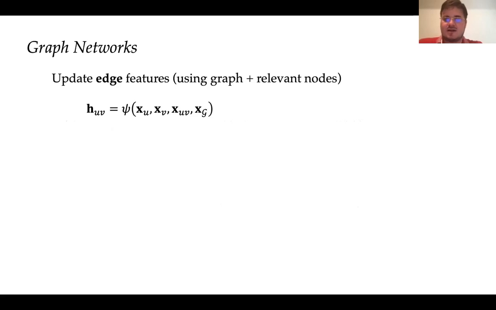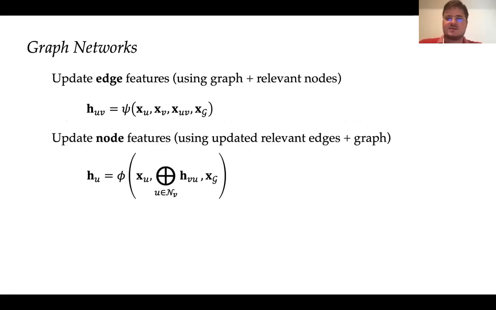Once we have updated our edge features, we can then send those as messages towards the nodes, and therefore update the node features using basically something very similar to the equation we saw before. So we are updating the node features based on a combination of that node's previous features, which is the XU, the skip connection.